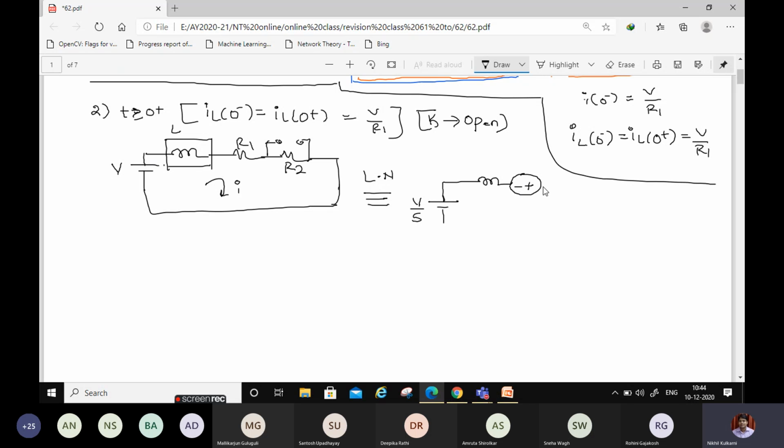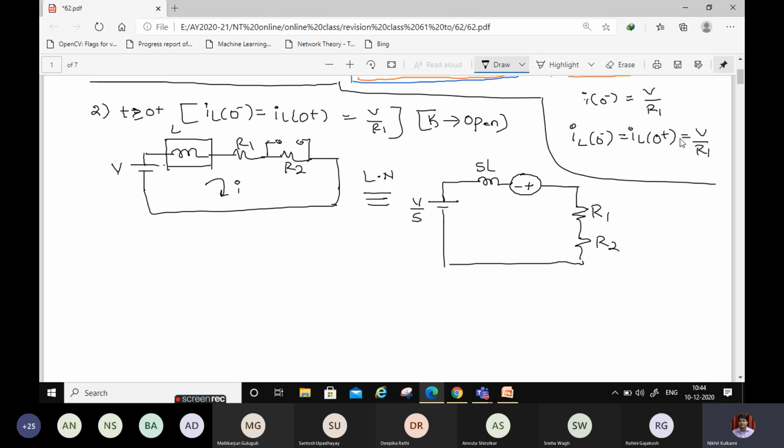Then you have the first resistor and the second resistor. There will not be much effect on resistors R1 and R2, they will be as they are. The inductor will be replaced by SL and its initial current that we had. So how will it be replaced?